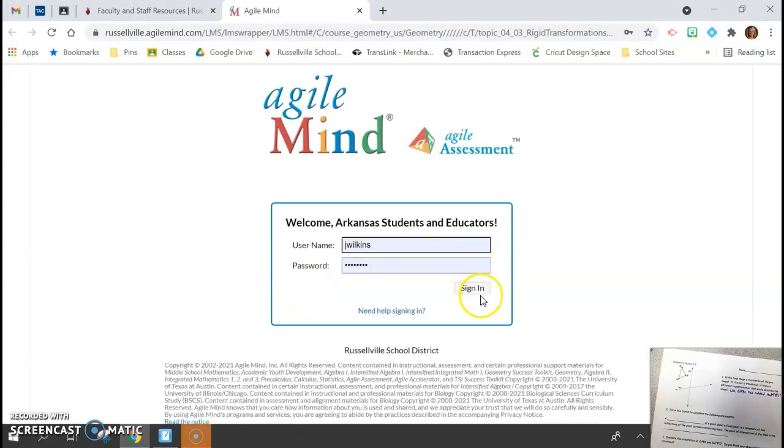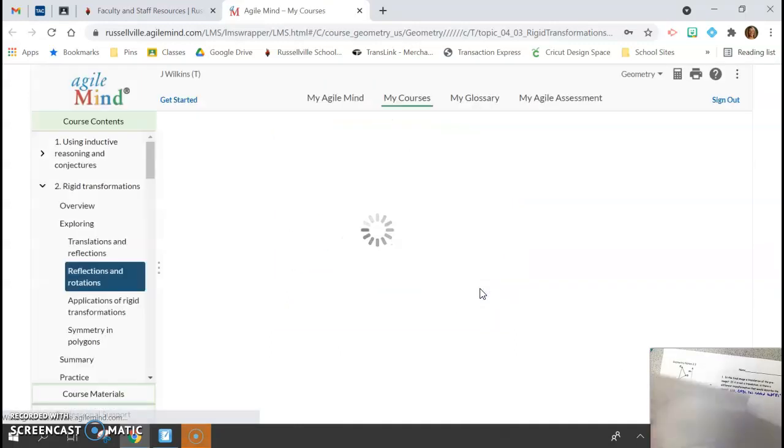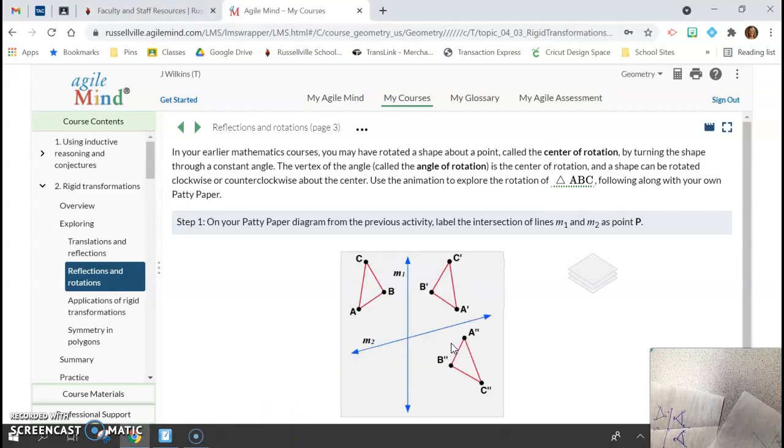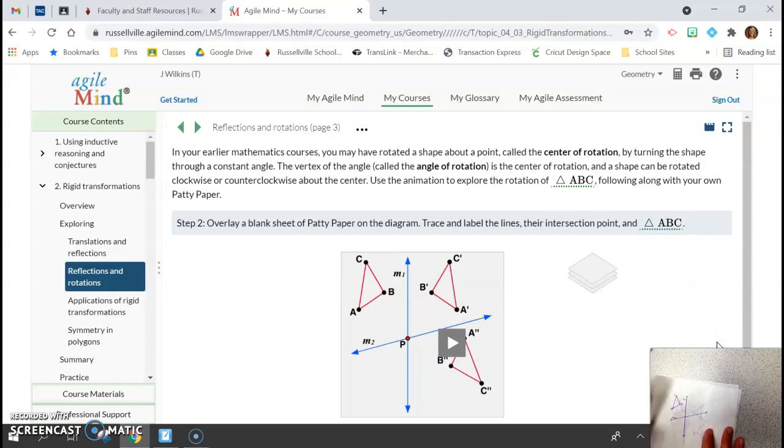So take your clean sheet of patty paper, the one that you have just the one triangle on, and you're going to lay it on top of your patty paper that you reflected.